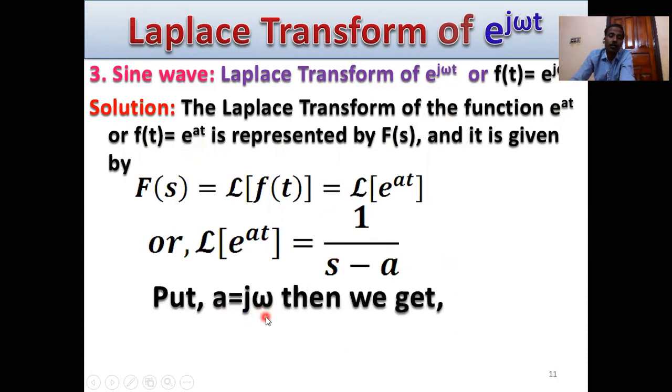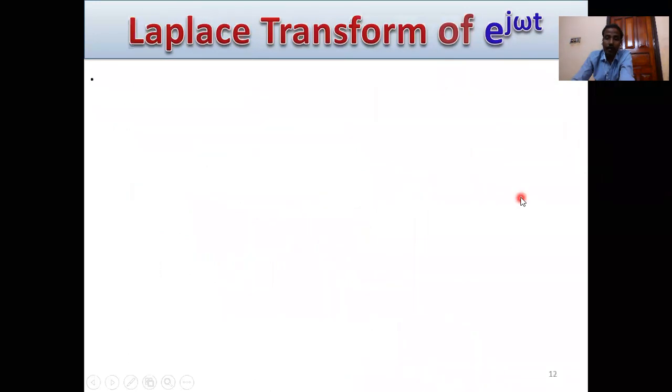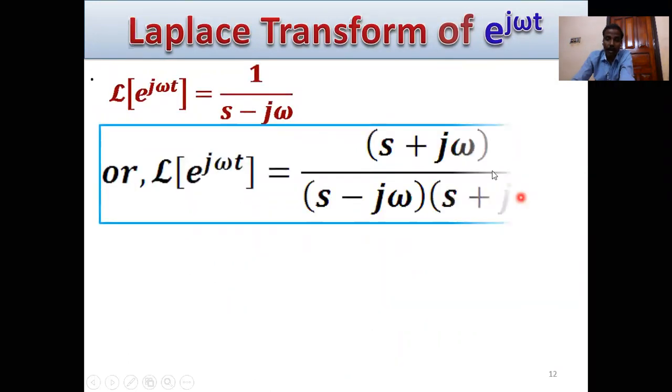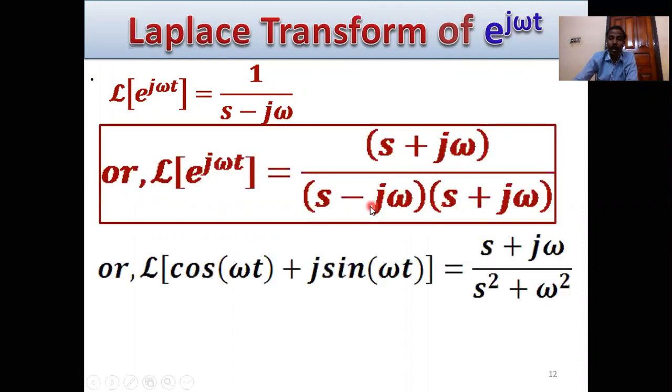Put a equals j omega, then we get 1 by s minus j omega. Simplify by multiplying numerator and denominator by s plus j omega, and we get s plus j omega by s minus j omega into s plus j omega. Then, using a plus b into a minus b, the denominator is s square plus omega square, and the numerator is s plus j omega.